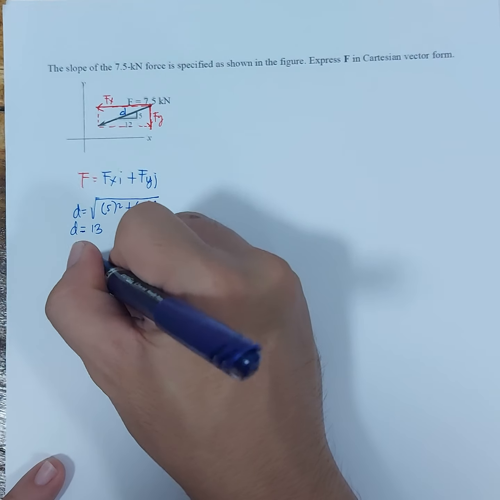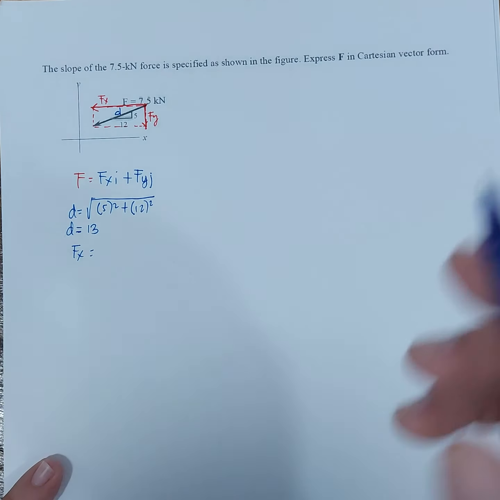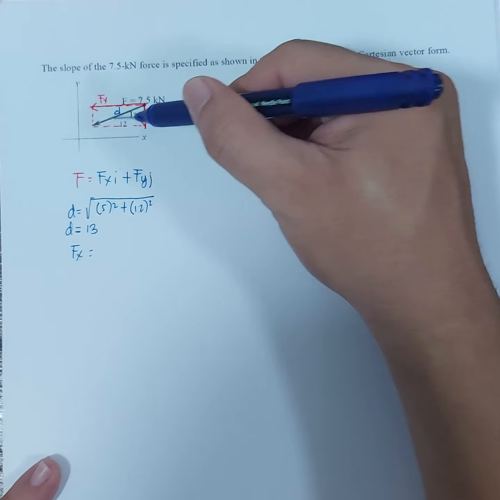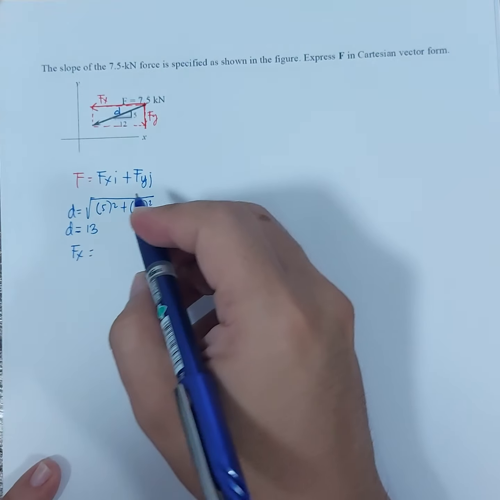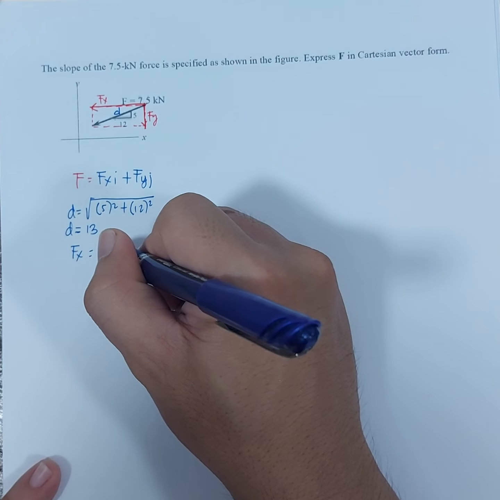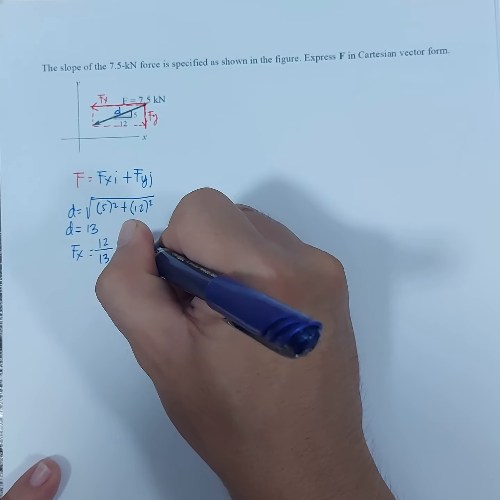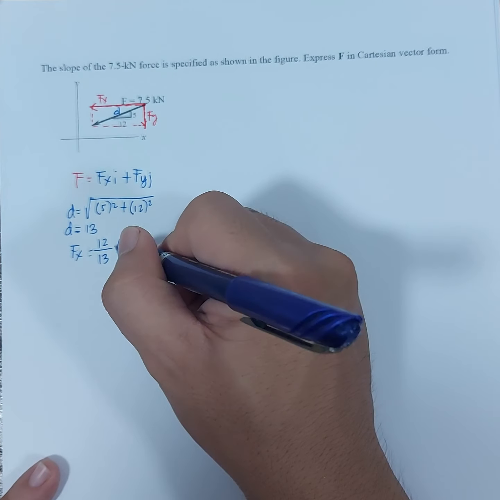And Fx, using slope, yung slope natin, Fx is equal to, so, x is 12, yung horizontal, 12 over the hypotenuse, 13, times yung F natin na 7.5.